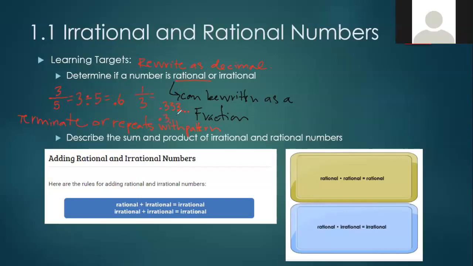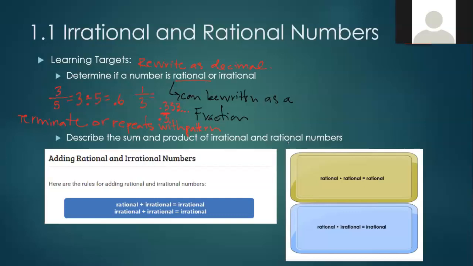Another way that we can show that 333 is repeating is, you can put a line over it. So what is repeating? The 3, for 1/3, it's going on forever. So you can put a line over it. Both of these are acceptable. Both of those are going to be used in this class. All right. So rational numbers, they terminate or they repeat with a pattern.